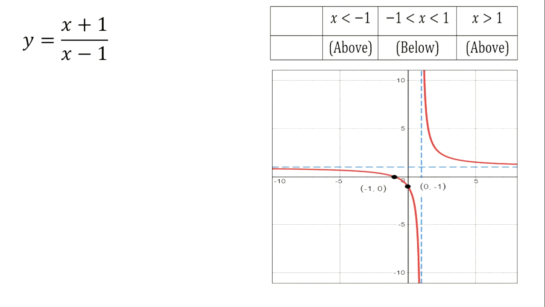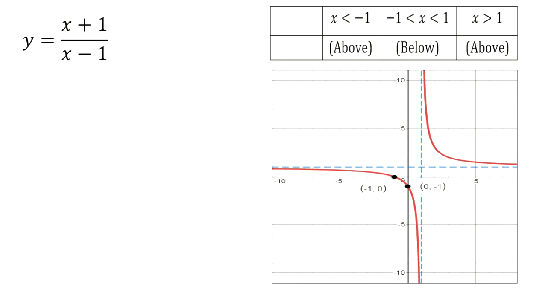Now, how about the domain and range? As you remember, to identify the domain and range, we just look from left to right and from bottom to up. For the domain, from left to right, the only value of x that is not included is the vertical asymptote, which is 1.